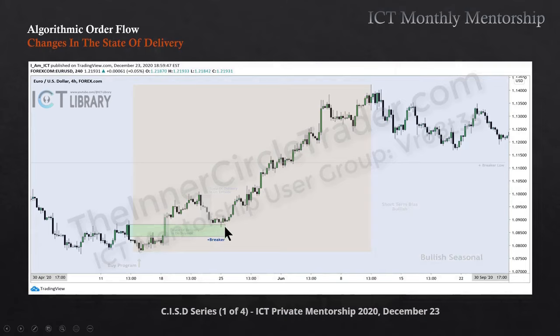And at the moment when the state of delivery has changed, but it's changed to an opposing state of what we would expect in our price run that we're anticipating running from the beginning of the buy program to the terminus, we have a very high probability setup. But you're framing it on the context of where the state of delivery changes.